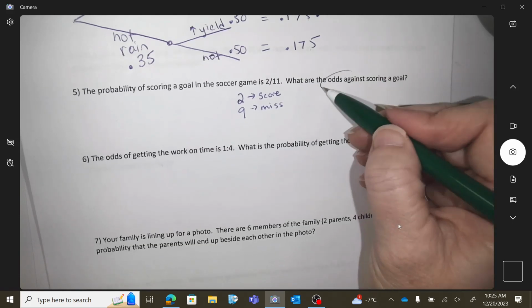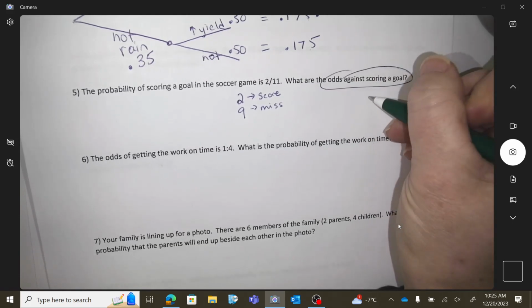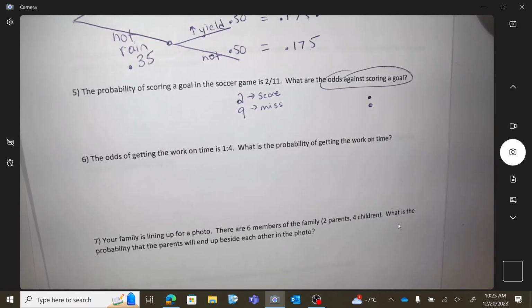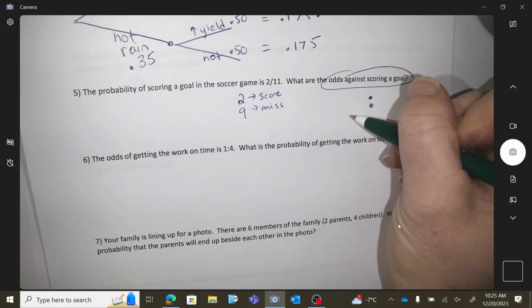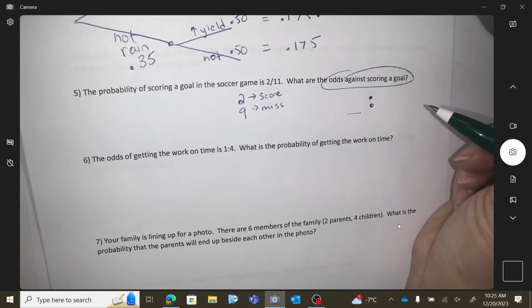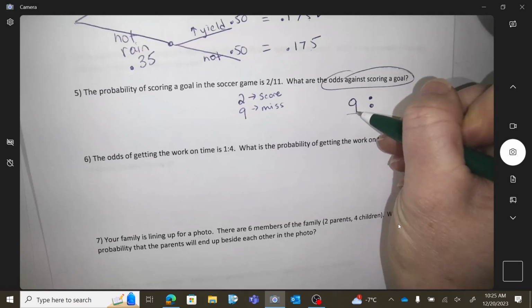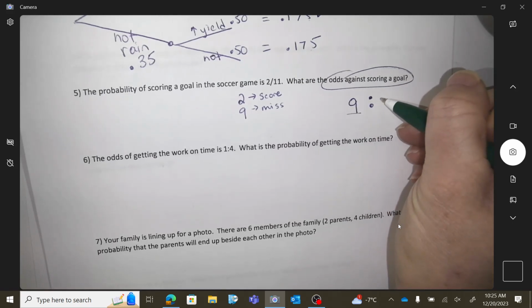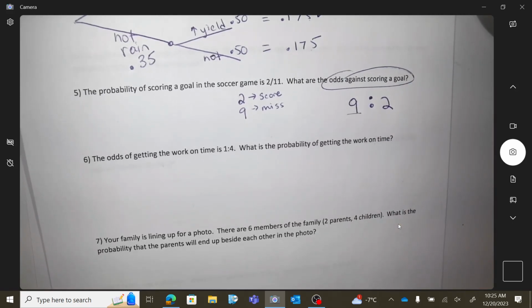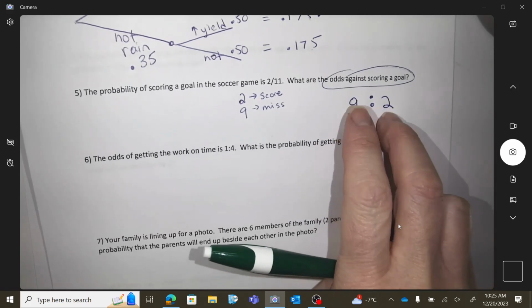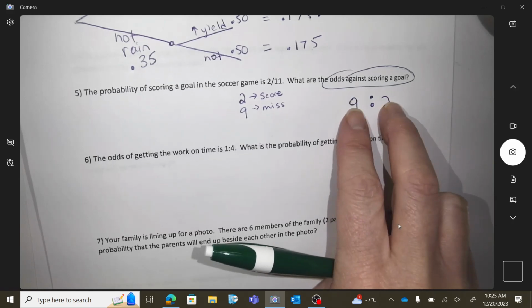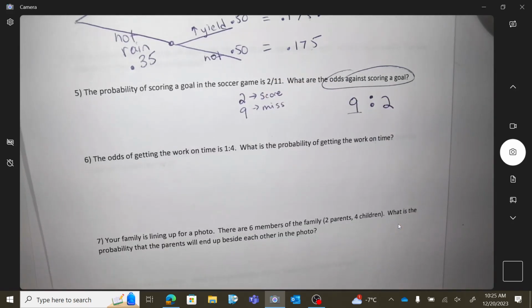So what are the odds against scoring a goal? So I need this as a colon. So the odds against scoring. So what do you have to write first? You have to write against scoring. So how many times did you not score? 9. How many times did you score? Okay, please remember when you do these ones, the odds, that these two always add to the total, right?